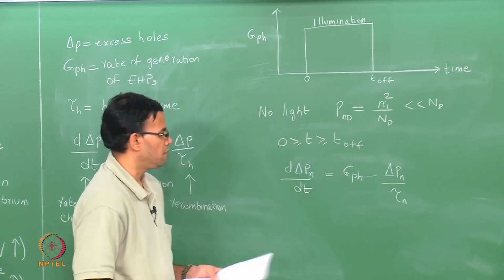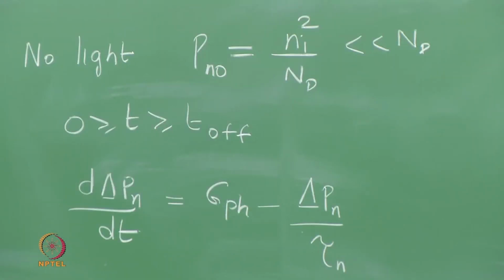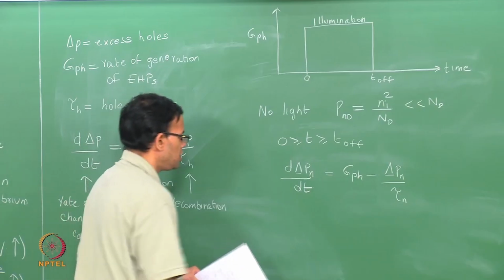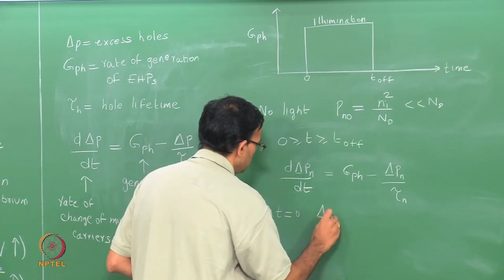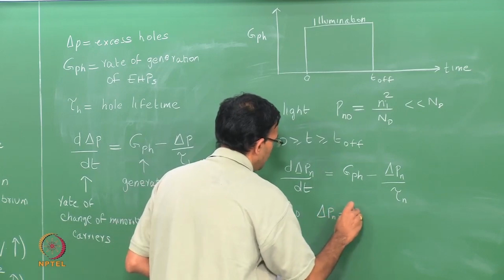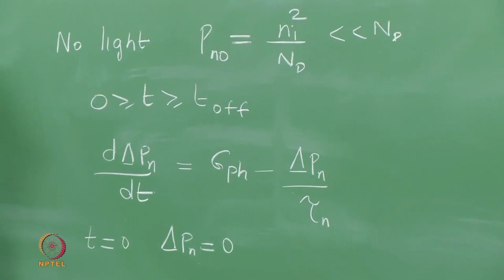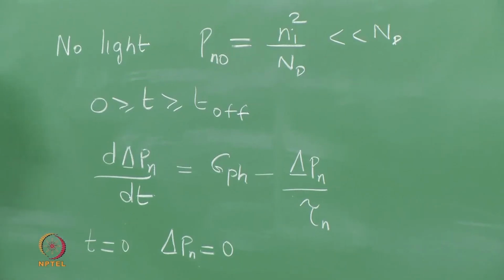This is just a first order differential equation. We can integrate it, and the boundary condition is at time t equal to 0, delta Pn is 0. There are no excess carriers in your material.